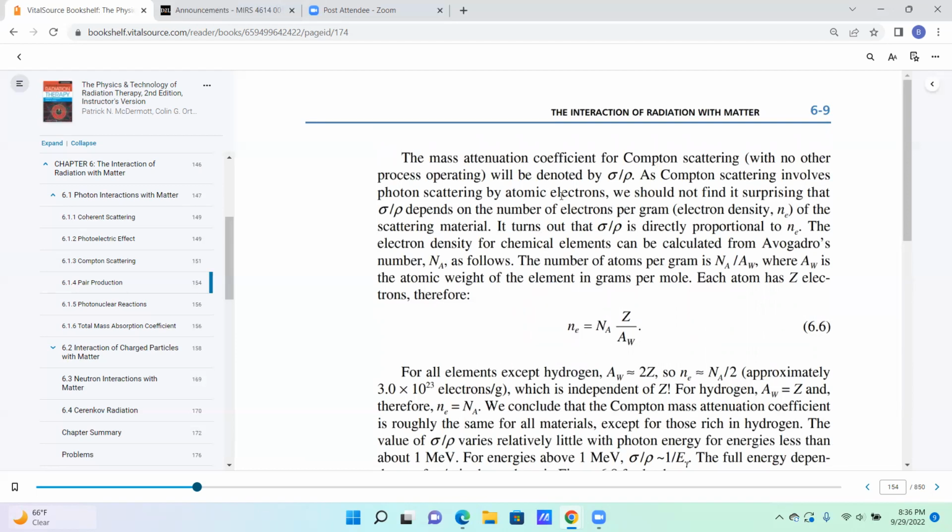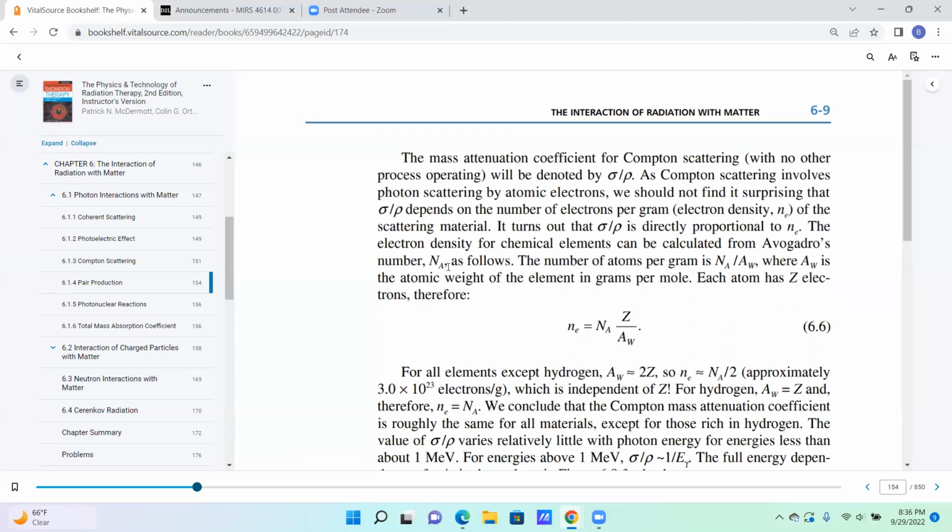The mass attenuation coefficient for Compton scattering will be sigma over rho. As Compton scattering involves photon scattering by atomic electrons, this depends on the number of electrons per gram. And it turns out that sigma divided by rho is directly proportional to the electron density.